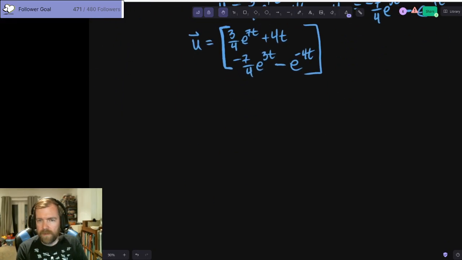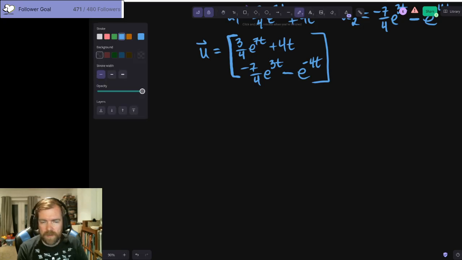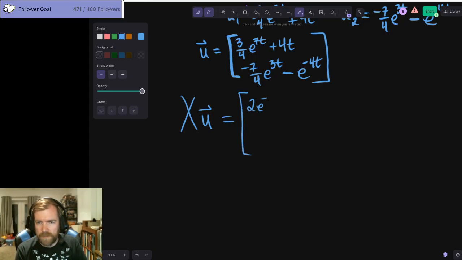Alrighty. So here we want our x times u vector, which is then going to be, again, 2e to the negative 3t, negative 2 e to the t, e to the negative 3t, and e to the t.